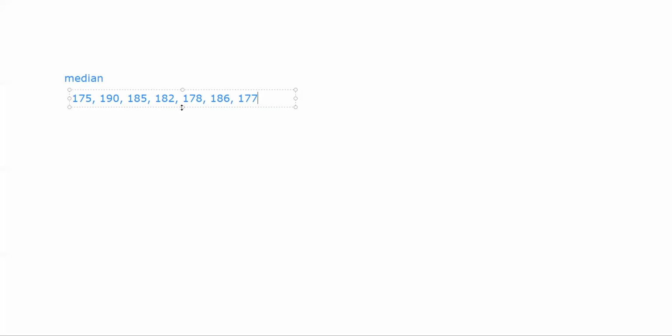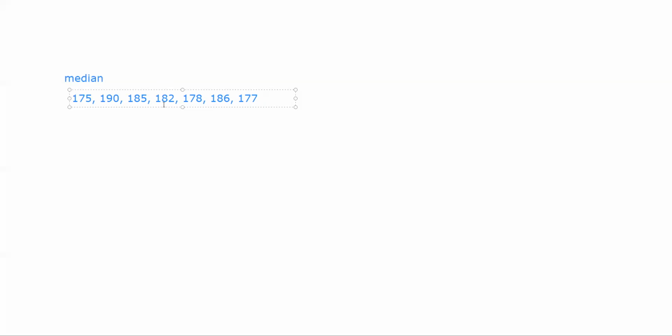So the median would be the central or the middle value of the data set. So in this data set, as we can see, there's a total number of 7 entries. So the middle value is 182.